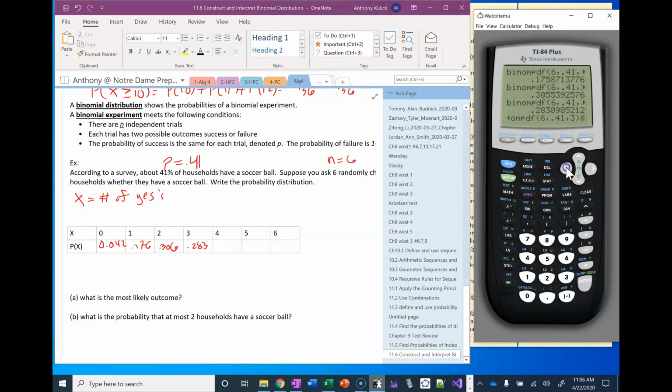And then I'll change it to be a 4. So that's 0.148. And we'll change that to be a 5. So that's 0.041.